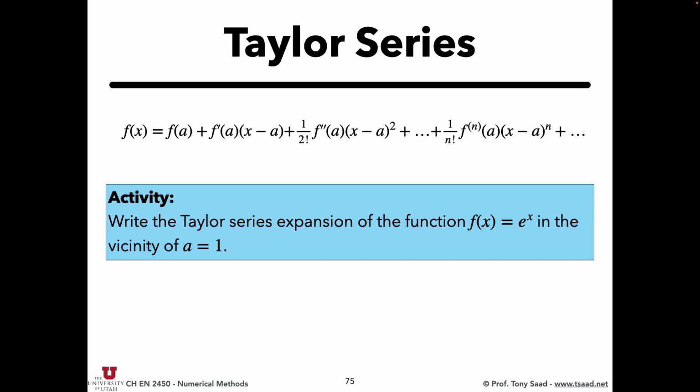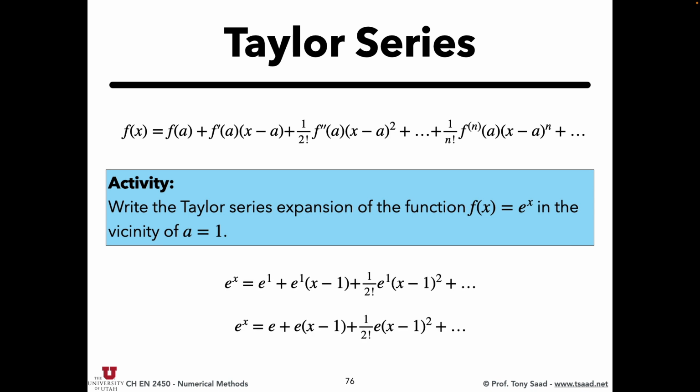On the left-hand side, you have e to the x, that's e to the x at any x. Doesn't matter. But we're doing that Taylor series around the point 1, and the point 1 is going to show up on the right-hand side instead of a. You expand a function around a point.